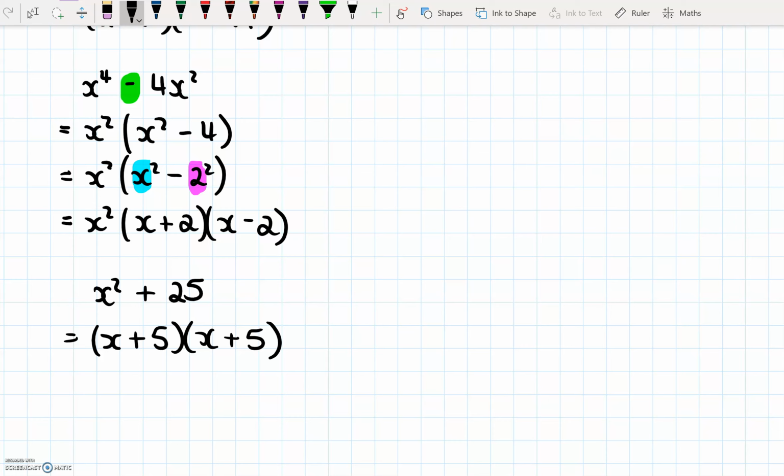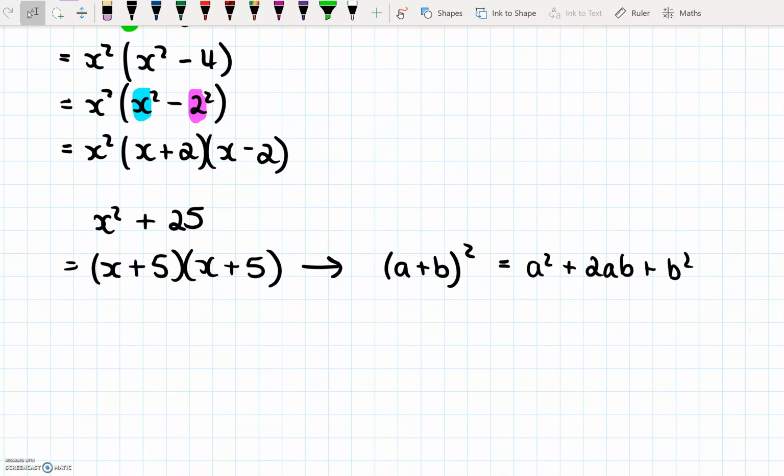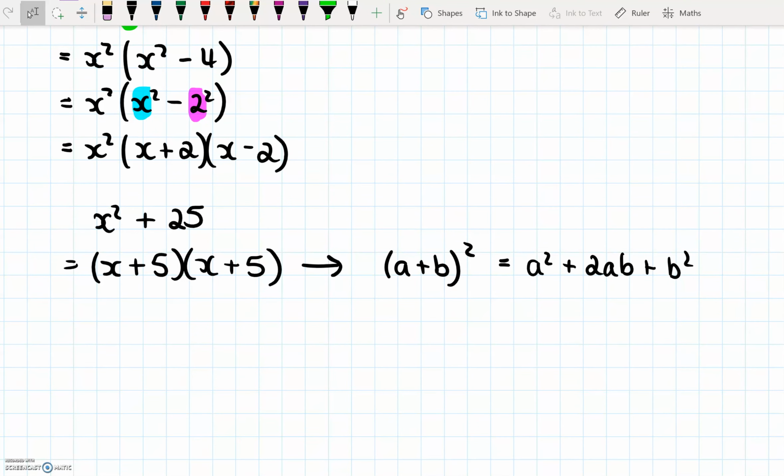But what I want to do is expand this and see what we get. Now, remember, this is a plus b squared, where a is x and b is 5. Hopefully you remember that when you have an a plus b squared, you get a squared plus 2ab plus b squared. If you don't remember this, it's time to learn it. You're going to need it in year 3, you're going to need it in year 4.